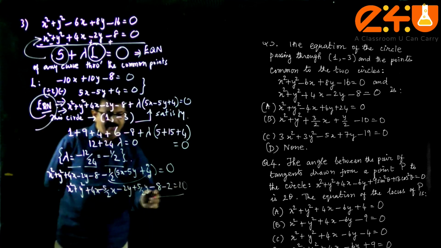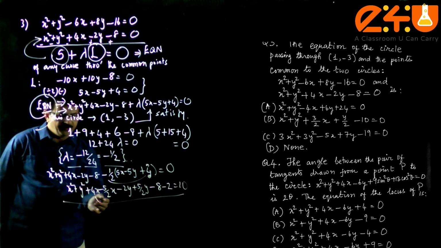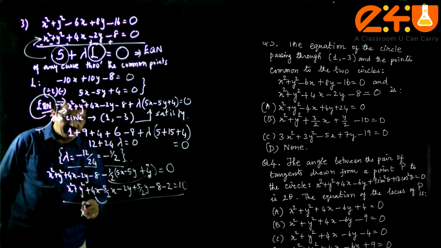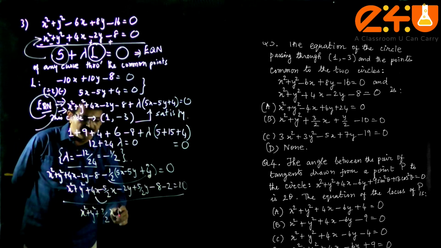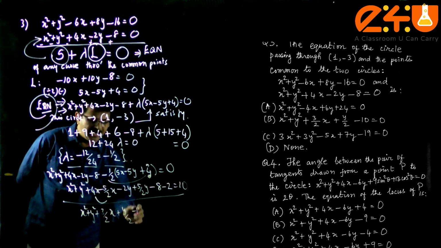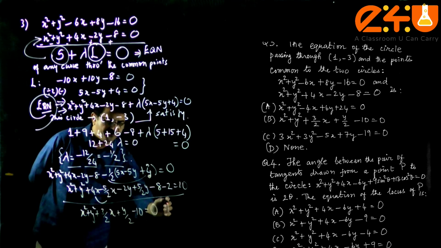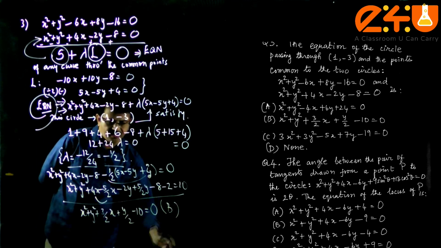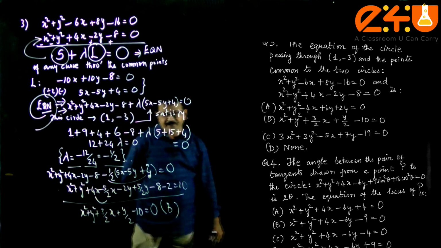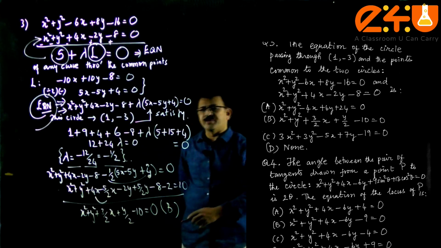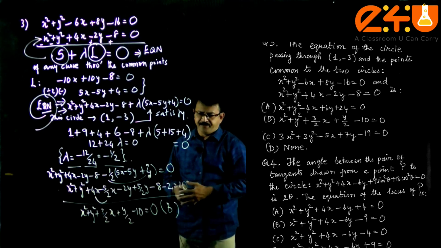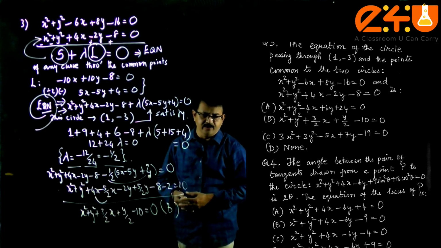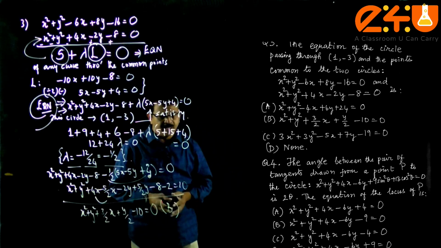So as you can see, simplify, it is x square plus y square plus 3 by 2 of x and plus y by 2 minus 10 equals 0. It is available in option B directly. So it is x square plus y square plus 3 by 2 x plus y by 2 minus 10 equal to 0. Fine.